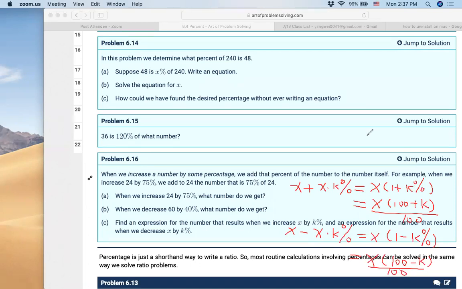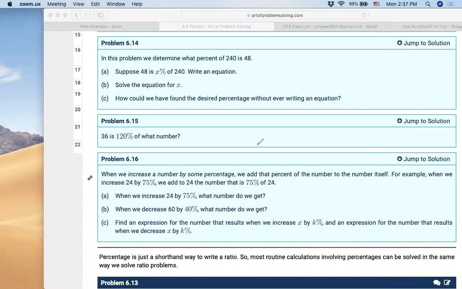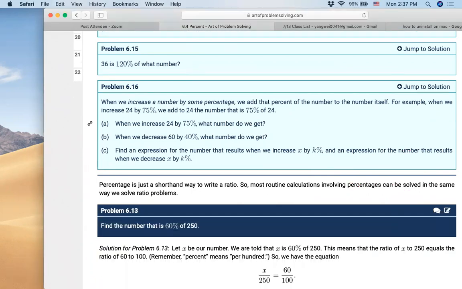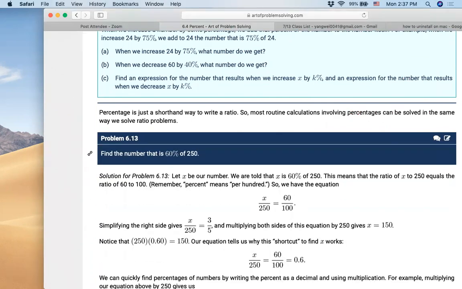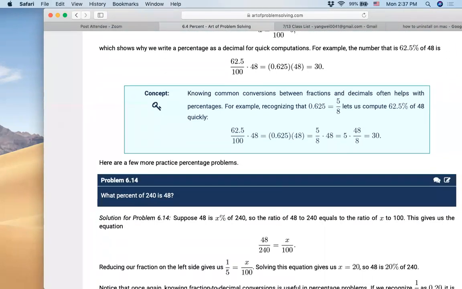This is a general formula for calculating the new number if you increase or decrease a number by k%. You can use this formula, but if you already understand, you don't need to memorize it. We already finished this one.